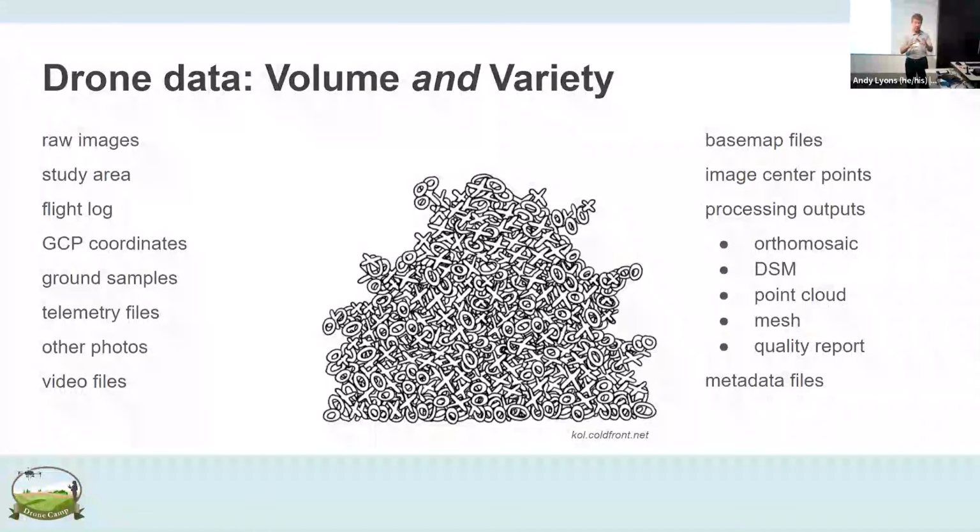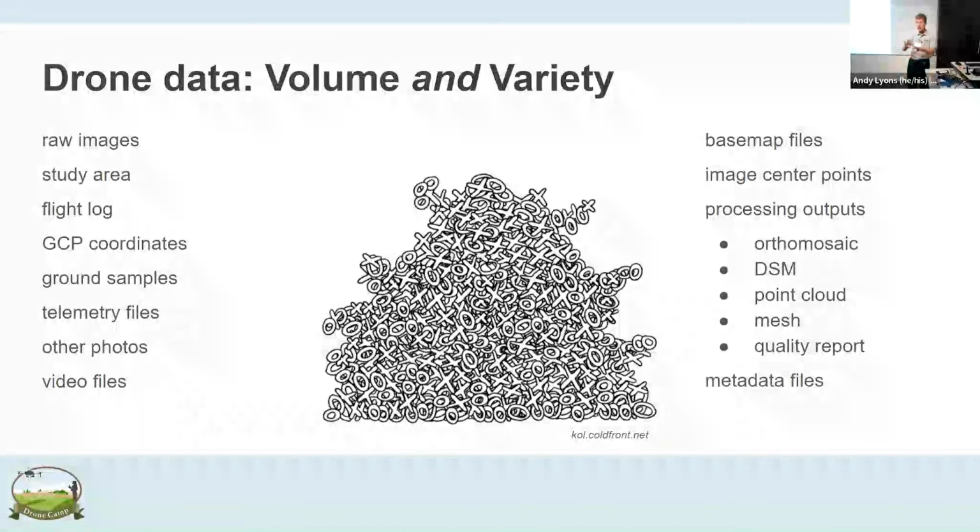If you are doing GCPs to get higher absolute accuracy for your data, you're going to have to deal with those files. You have some ground sampling data. You might keep your telemetry files. Oftentimes, you might have other photos, not what you're going to stitch, but maybe a photo for your publication or your presentation, or other types of photos.